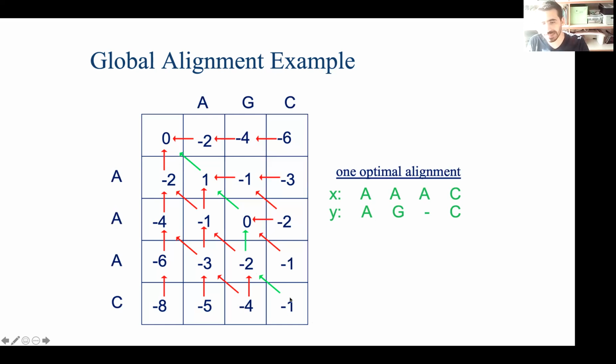It means that, okay, this C and this C is aligned, just like here. And then if you come here, there is a sort of a gap, okay? It means that this A is aligned with nothing. So then it means that there's a gap here, A versus gap. And then you have G and A, which is aligned. And then you have A and A, which is also aligned, okay? So this is one of the optimal alignments that we can derive from basic Needleman-Wunsch algorithm.